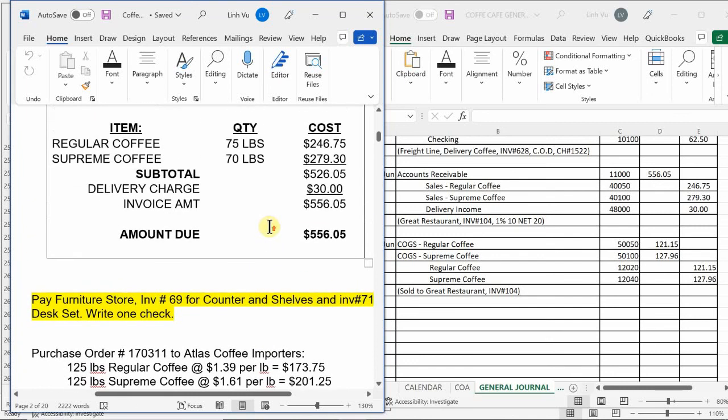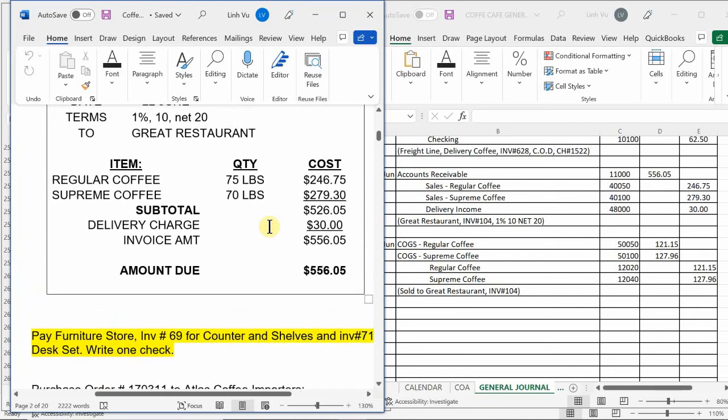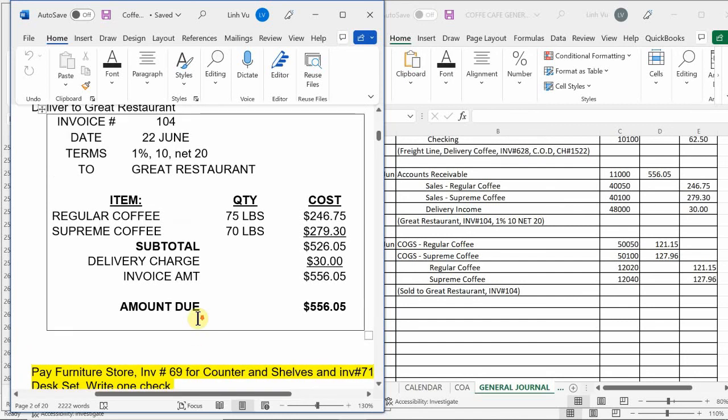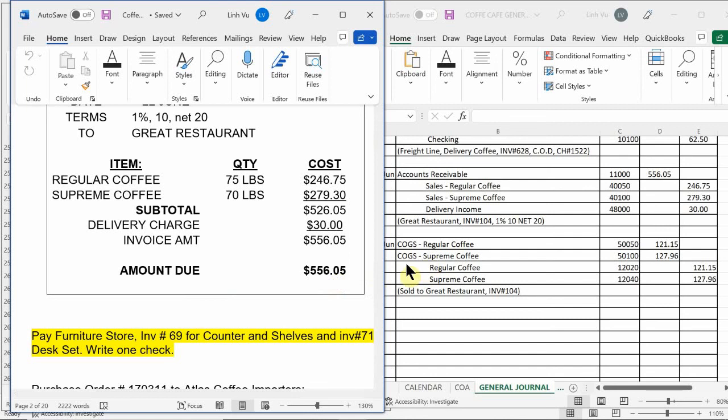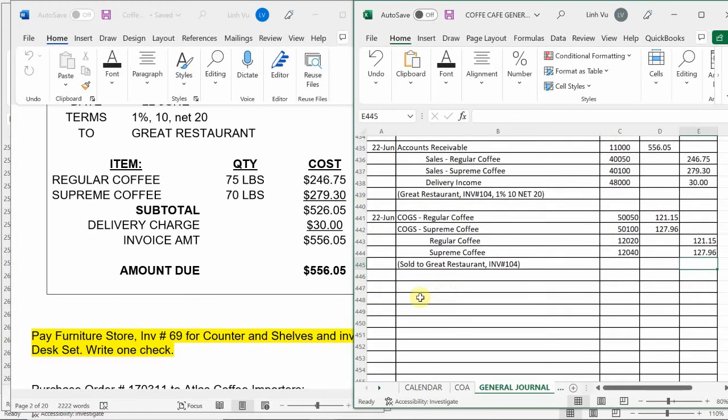It says we're going to pay furniture store invoice number 69 for the counter and shelves, and also invoice number 71 for the desk set. Write one check. So we're going to pay two bills in one check. How do we pay two bills in one check? So we're going to do checking. Yes.